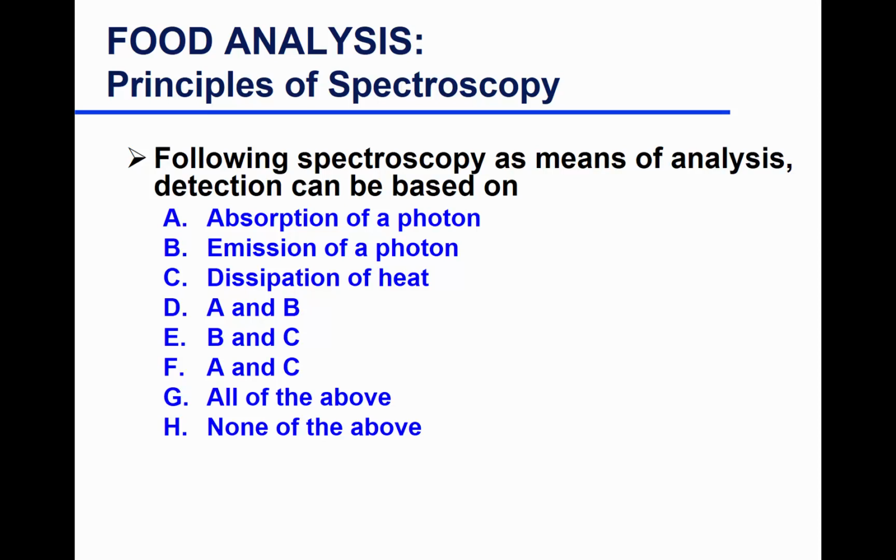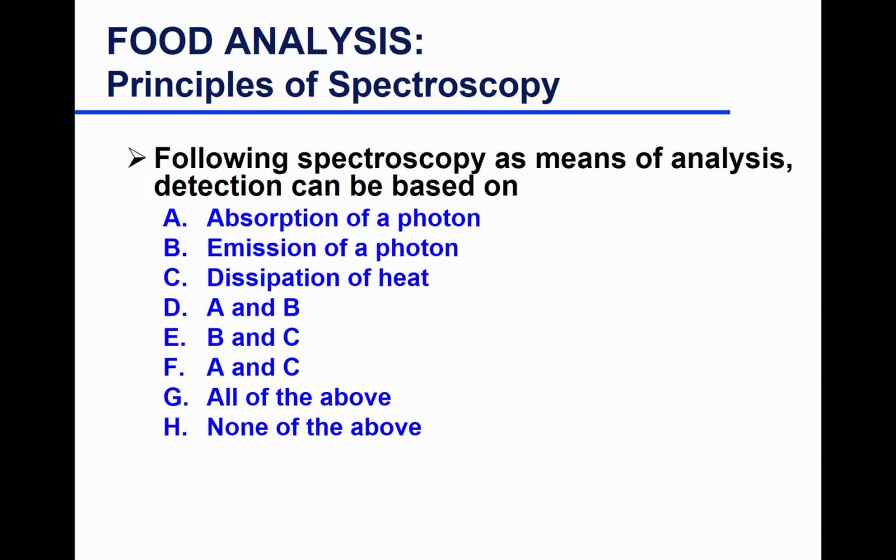Yes. You are absolutely right. It's A and B. So we measure absorption. That's regular absorption spectroscopy. We can measure emission, and that's fluorescence. When you're measuring fluorescence, you're actually measuring the emission of light or photons of light after going from excited state to ground state.